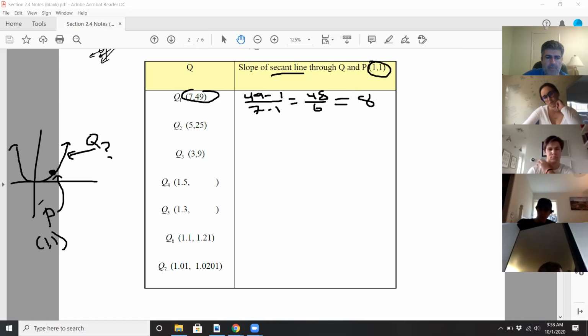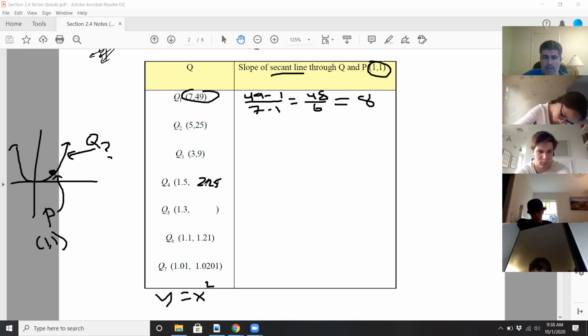Which kind of makes sense, right? If I were to draw such a slope, well, okay, you get the point. It's pretty steep. Then we're actually going to do this for all these other points here. By the way, remember, y equals x squared.